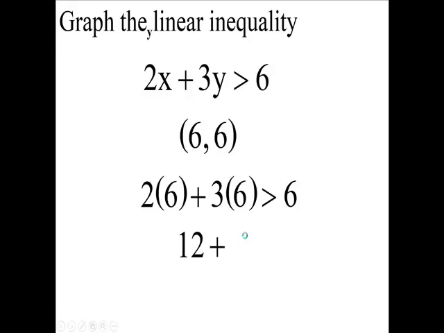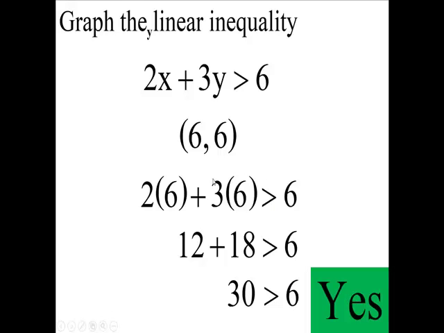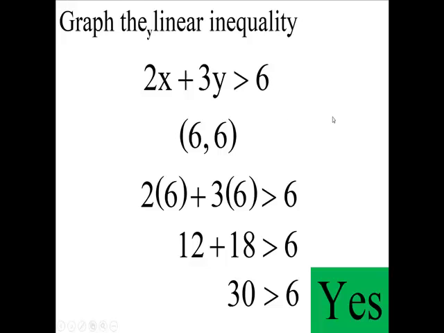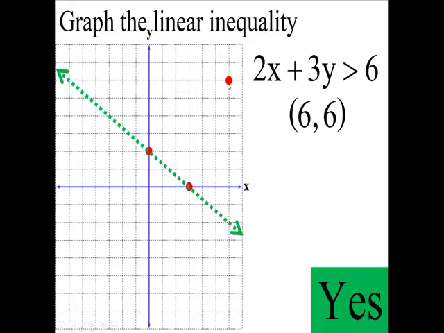We're getting 18, which is 30. And that is bigger than 6. Yes, the point 6, 6 satisfies the inequality. Because 30 is bigger than 6, fill in that dot, the 6, 6, and by the way, fill in everything on this side of the inequality because this point works.